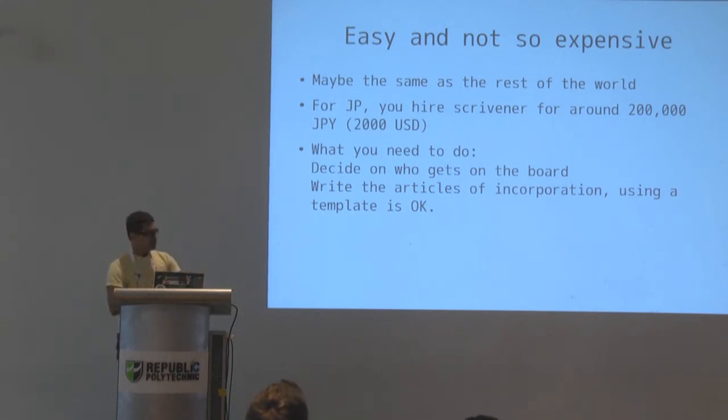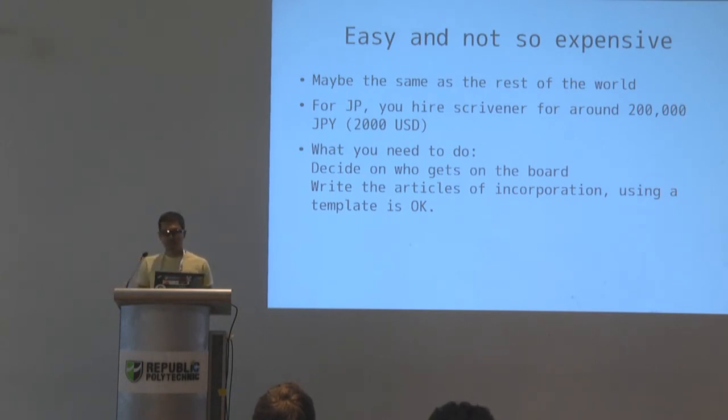What you need to do in JP, at least, is decide who gets on board, basically the directors, and then write articles of incorporation. What does the board do, when does the year end, and what business do we do as an entity.